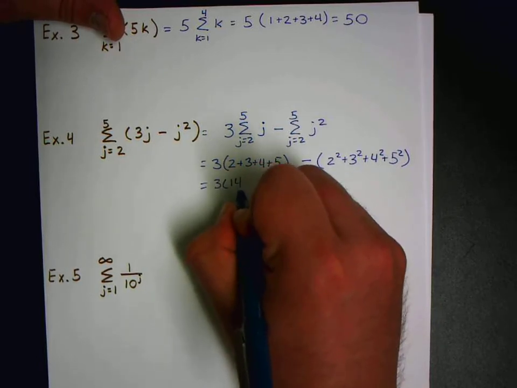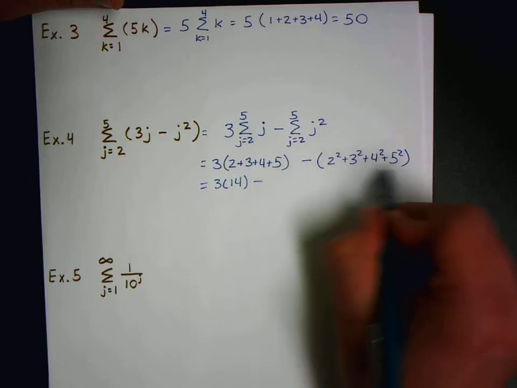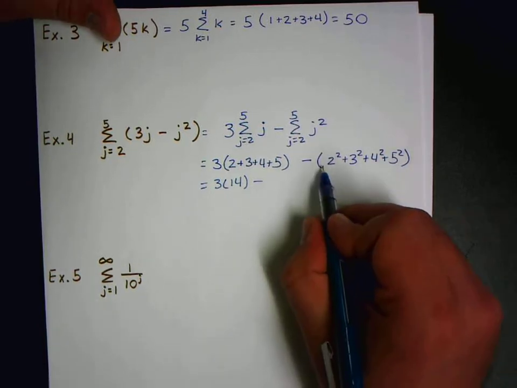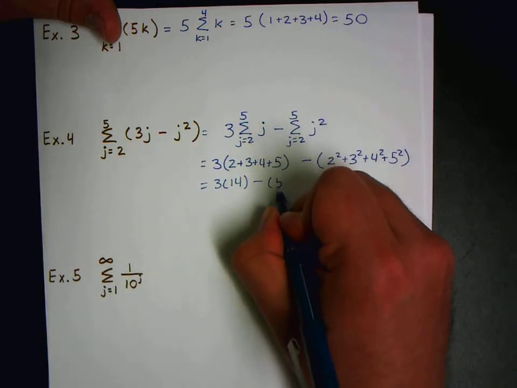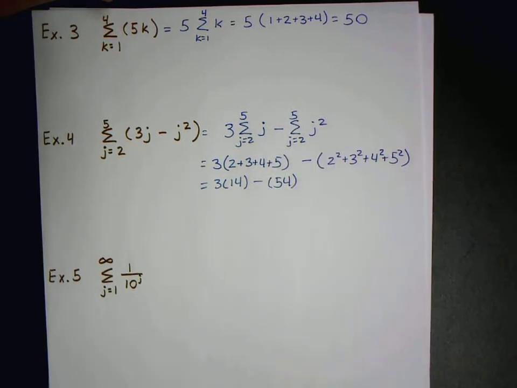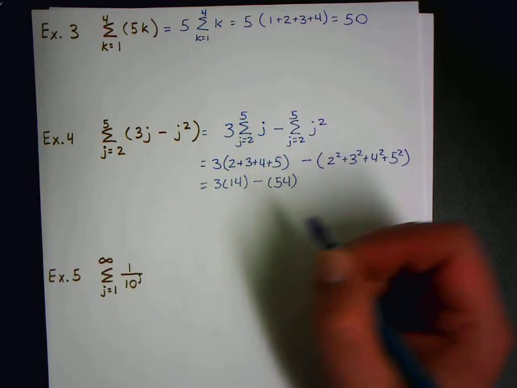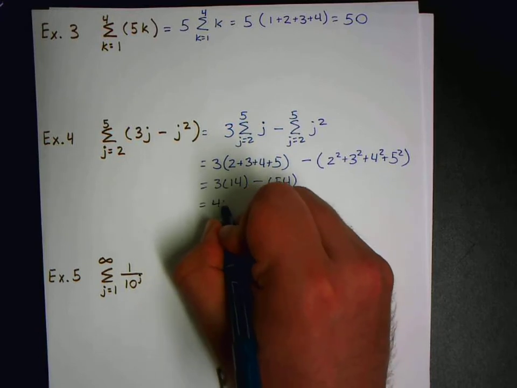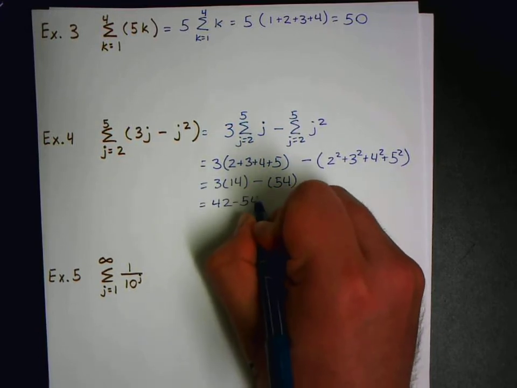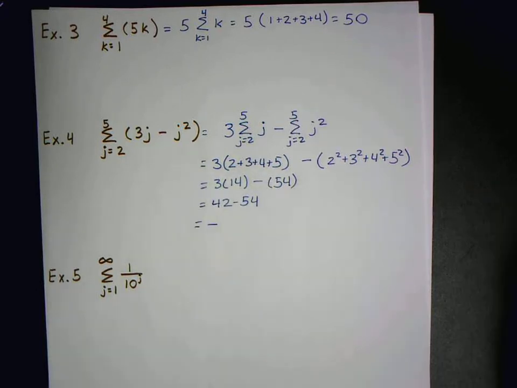So 3 times 14 minus, this was 55 earlier where we had the 1, so now I'm going to assume that this is 54. Okay, so 3 times 14 is 42. So 42 minus 54. Negative 12.